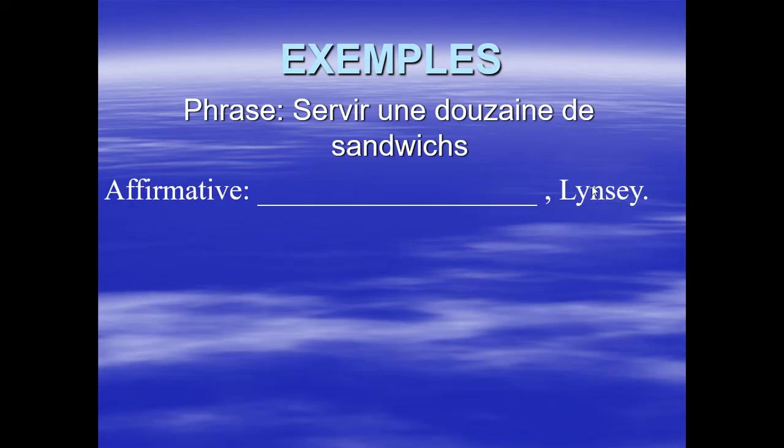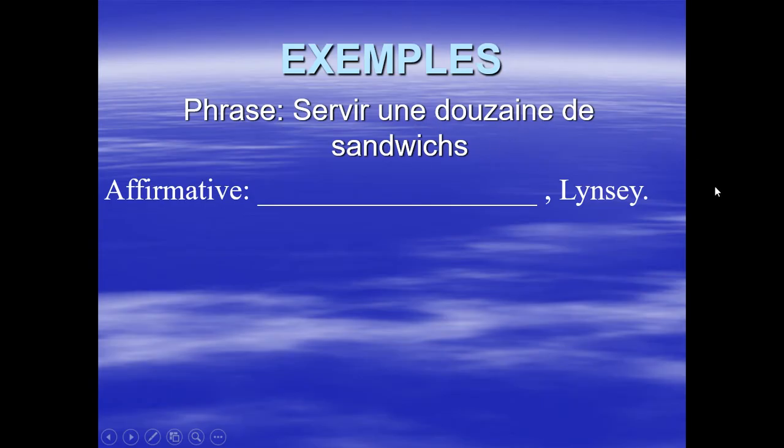And then for the fourth example, servir une douzaine de sandwich. Servir is an irregular verb, and the imperative for that is the tu form of servir, which is sers, S-E-R-S. And then une douzaine de sandwich, it's a quantity, so this whole thing is replaced by en.